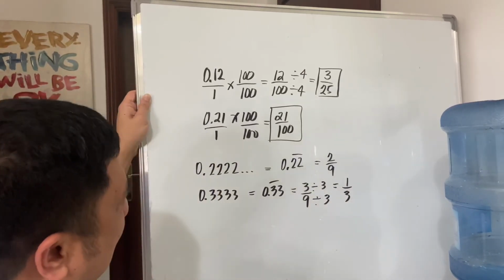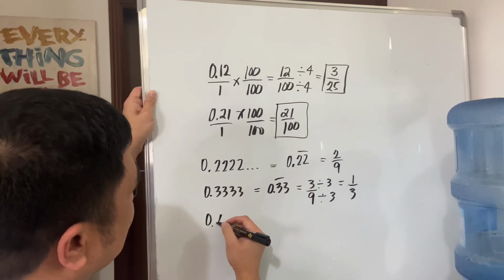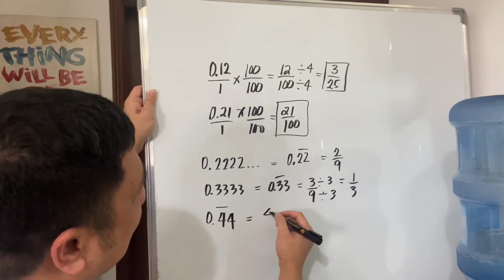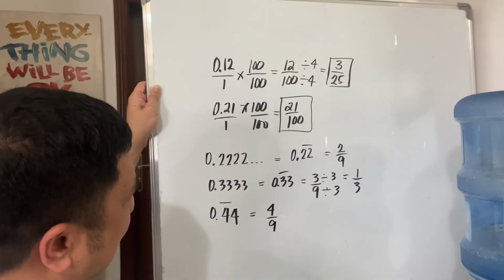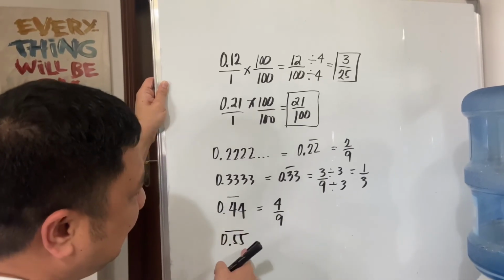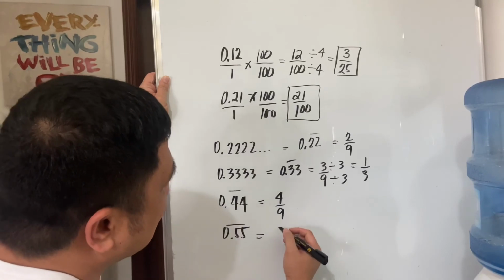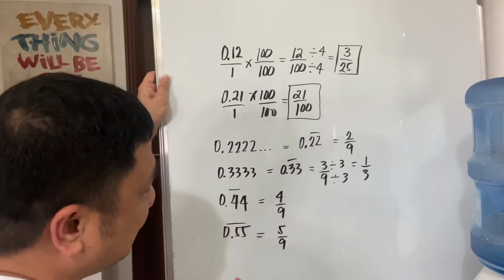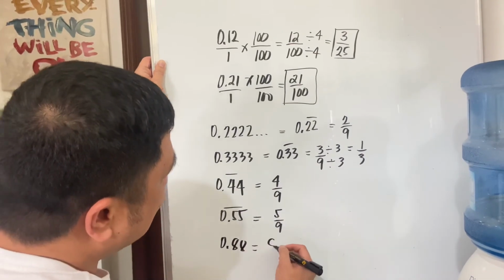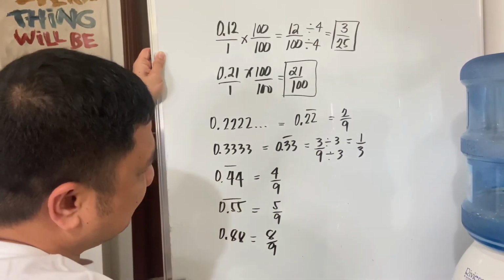If you have 0.44, it is simply 4 over 9. And if you have 0.55 repeating, that is 5 over 9, and so on and so forth. You have 0.88, which is 8 over 9.